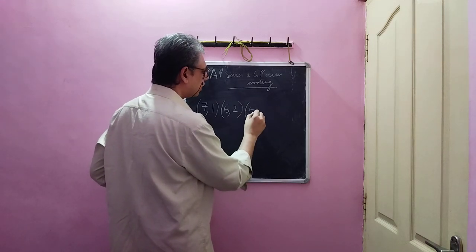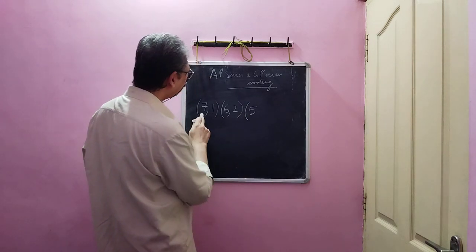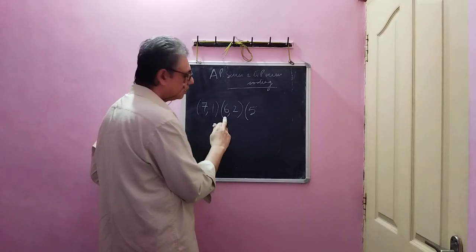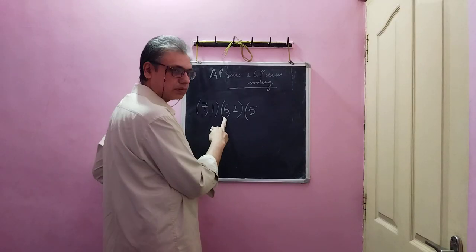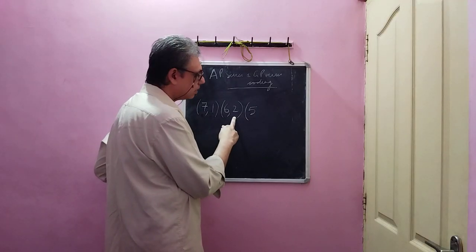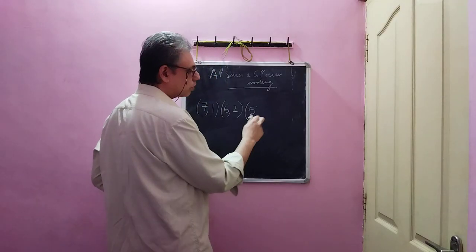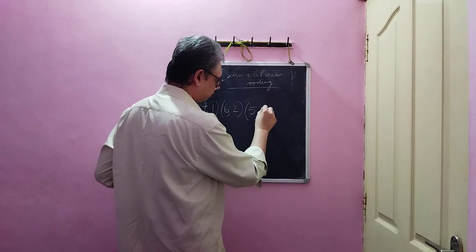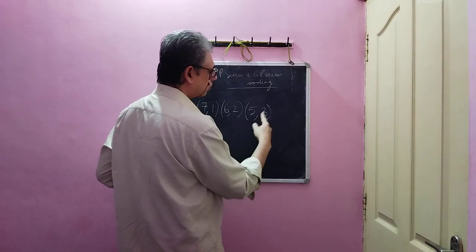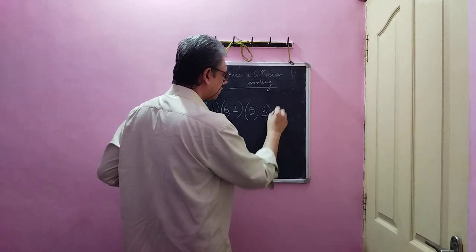And then you can have 7 means 128 possible differences with 2 terms for each. 6 means 64 possible differences with 4 possible terms each. 5 means 32 possible differences with 8 possible terms for each difference.